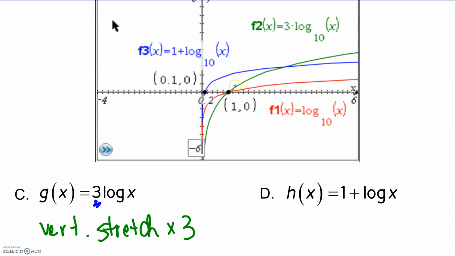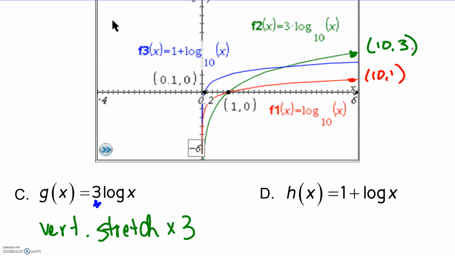But when you multiply it by 3, it stretches it out vertically. On the regular common log graph, you have the point 10, 1.